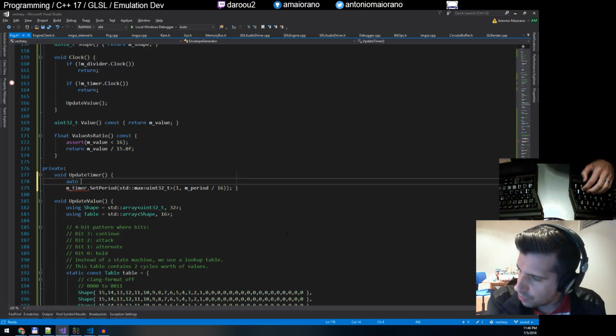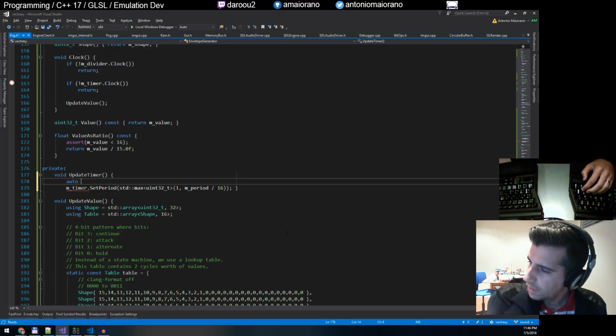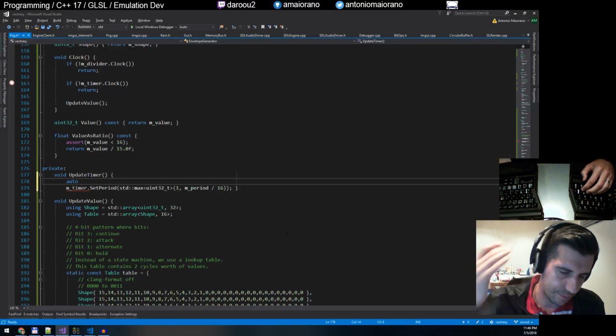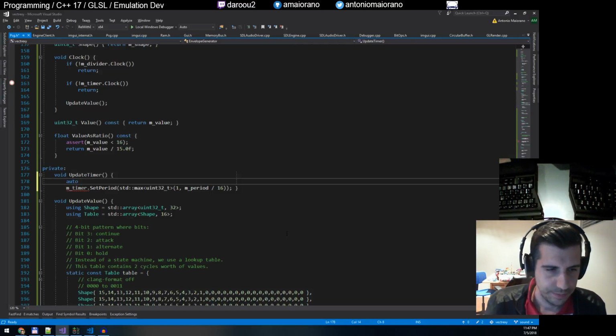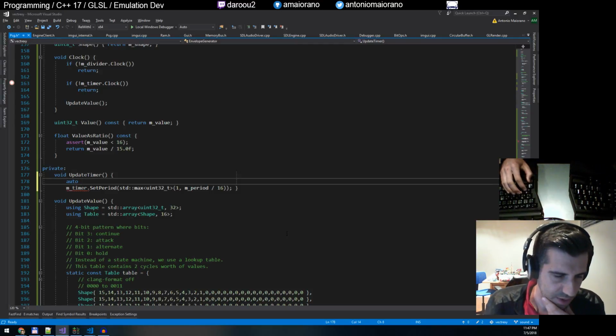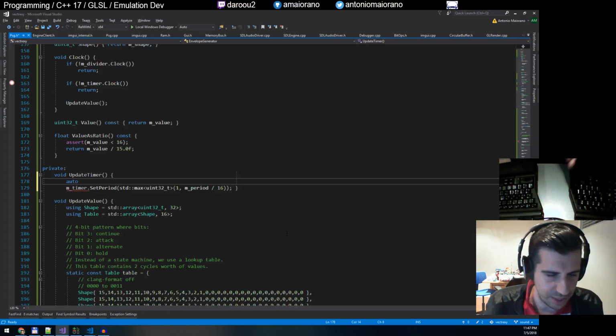Yeah, so what's wrong is that the explosions are too slow. Basically the volume envelope is taking too long to fade out the sound, and it's related to the timings here. And reading the documentation, I think I'm doing this right.